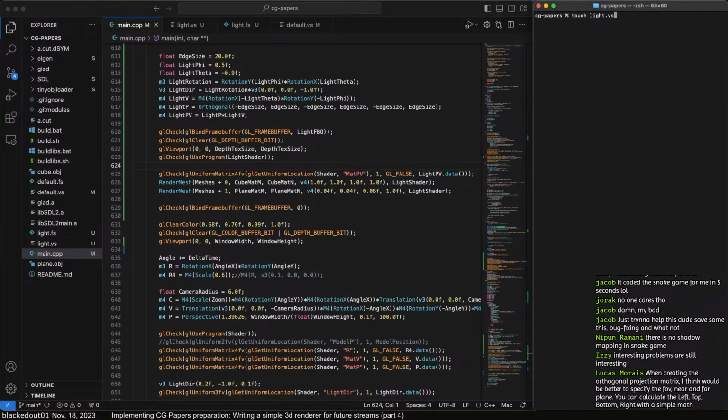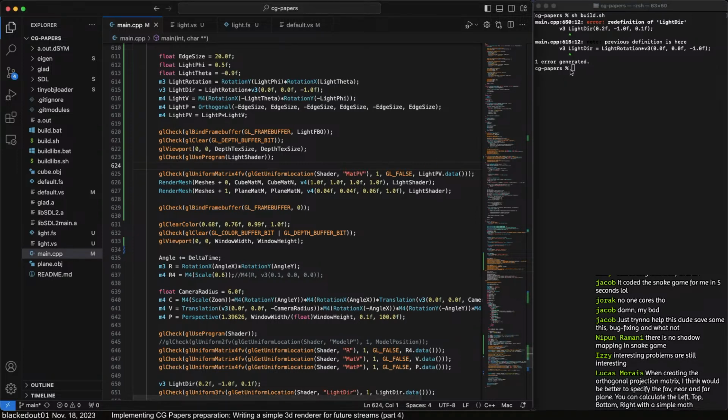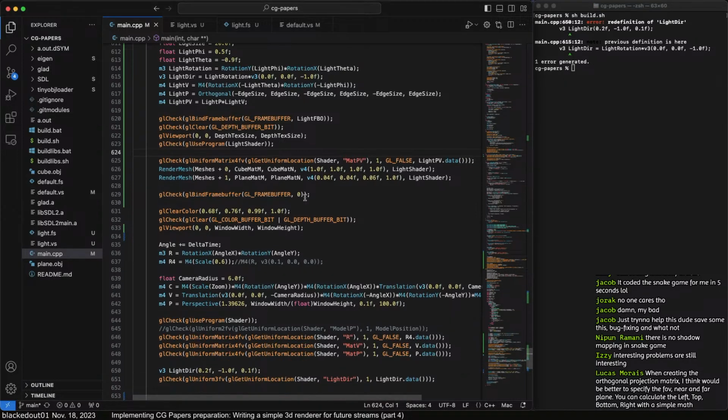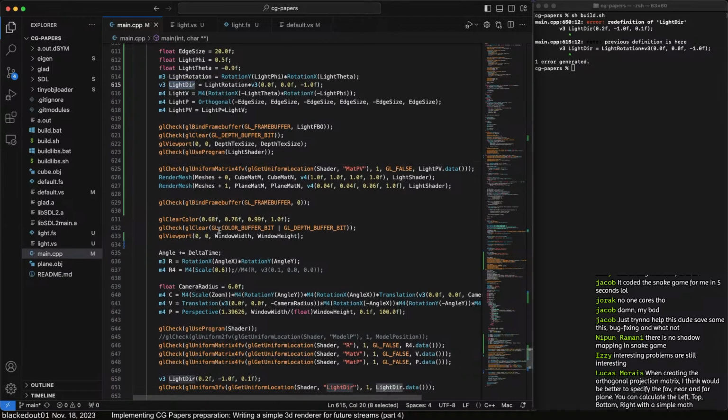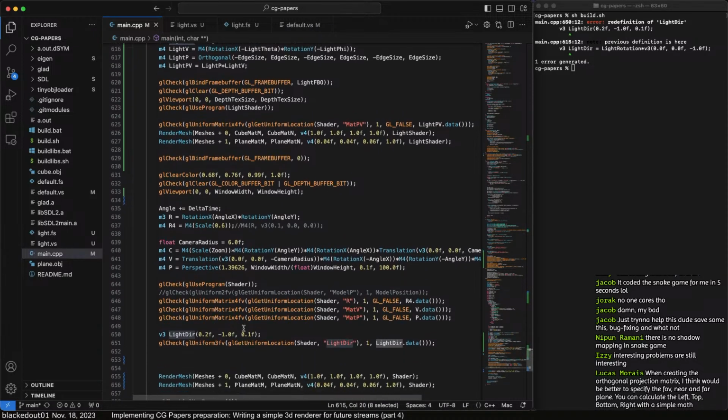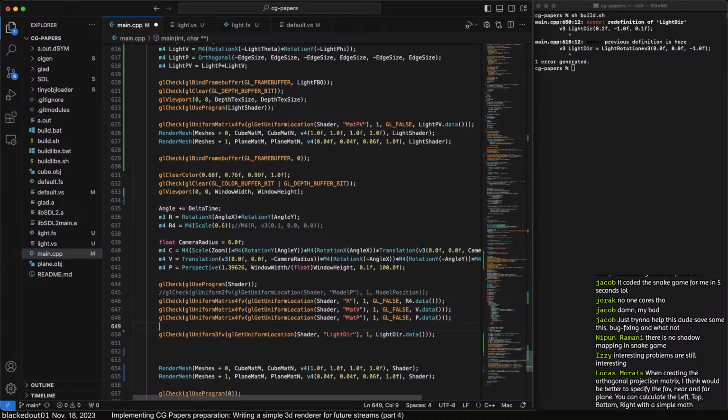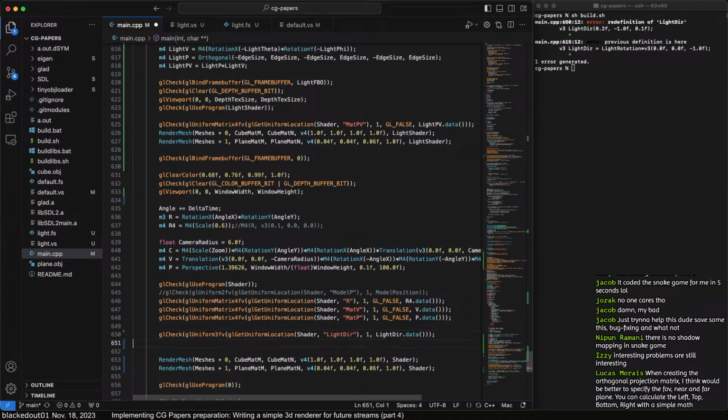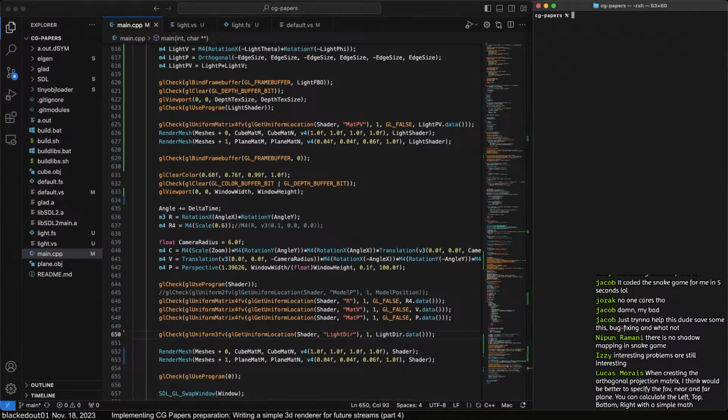I mean, we will not see anything because we haven't done anything with the depth map yet. Oh, okay, I can remove this light direction here because we now have another one. And hopefully we don't get any errors.